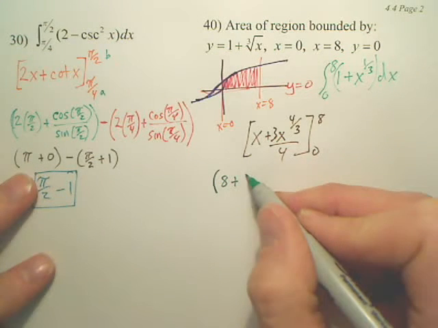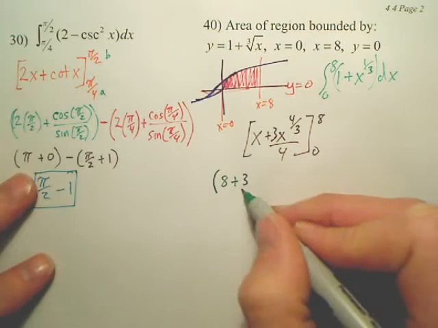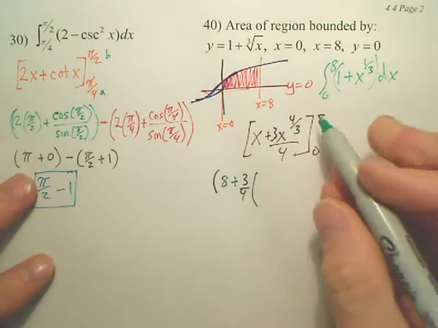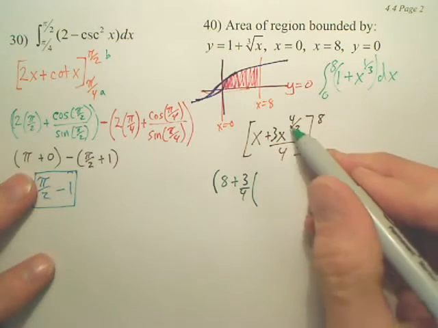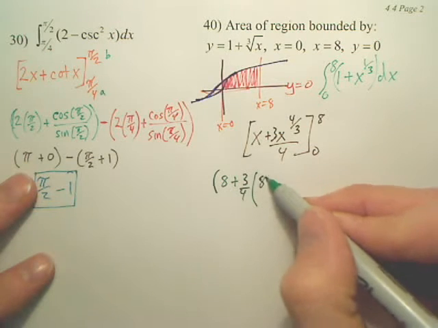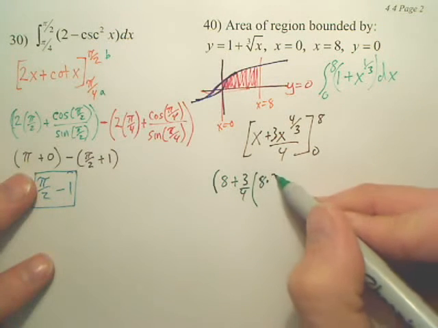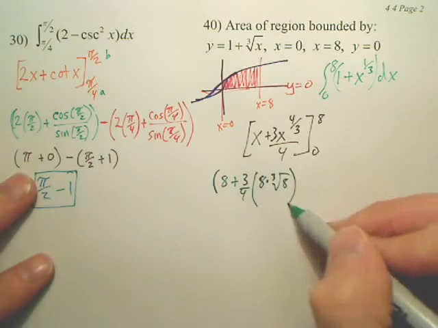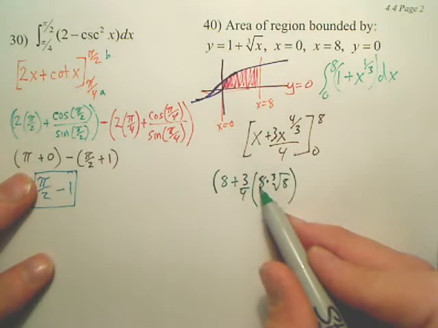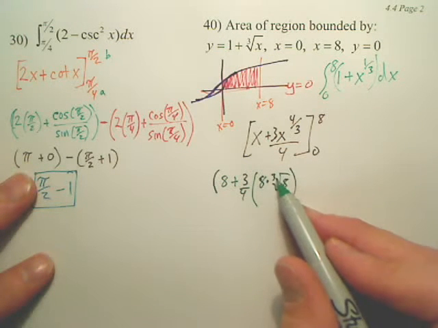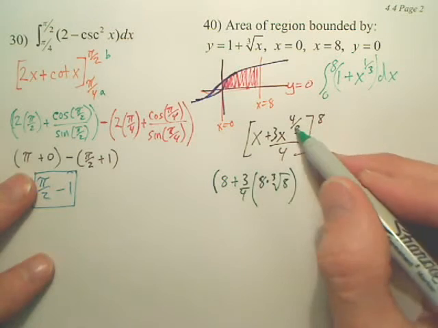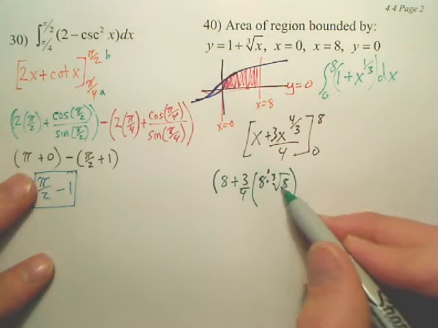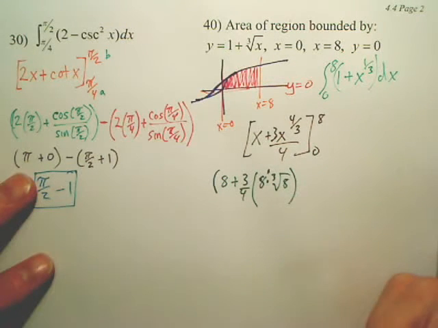So 8 plus 3/4 times. Now, do you understand x to the 4/3 means 8 times the cube root of 8? Isn't that 8 to the first times 8 to the 1/3? Isn't this 1 1/3?